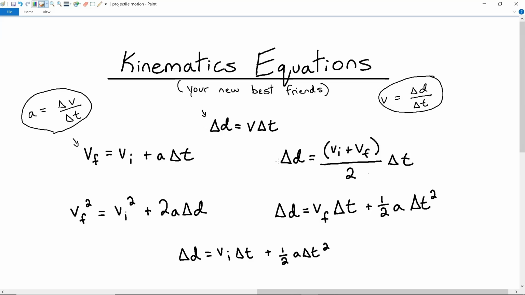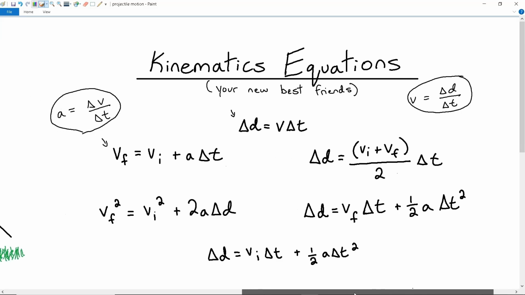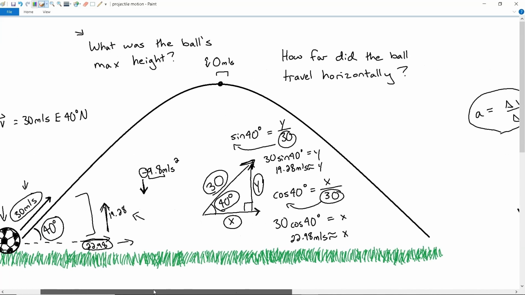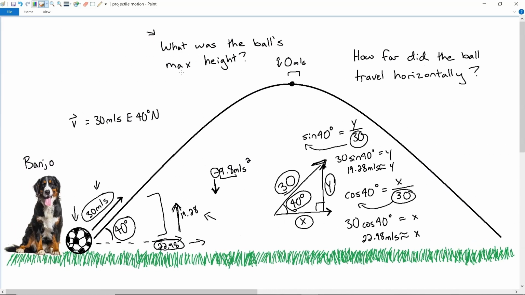The other ones are a bit more complicated. They take a little bit more work to prove, but you don't have to worry about the proofs. You just have to understand how each equation can be useful depending on the situation. So if I just circle back to the diagram, I'm looking for max height. So I need something with displacement, right? I need to be solving for displacement.